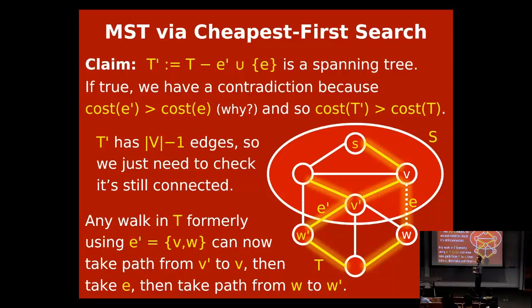And then W is also connected to W prime, because E prime was defined to be this path edge on the path from V to W. So we can go over to W prime and finish the old walk. Any old walk that used E prime, we can instead have use E by going to V prime first, going back to V, crossing E, going to W prime, and coming back.